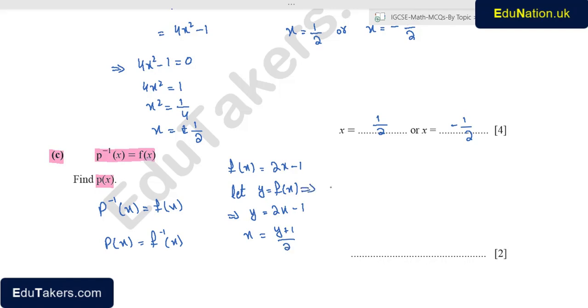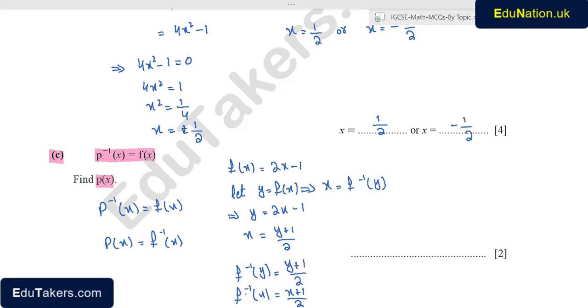And from this equation, x is equal to f inverse of y. f inverse of y is equal to (y plus 1) over 2. Now replacing y with x, it will be f inverse of x is equal to (x plus 1) over 2.